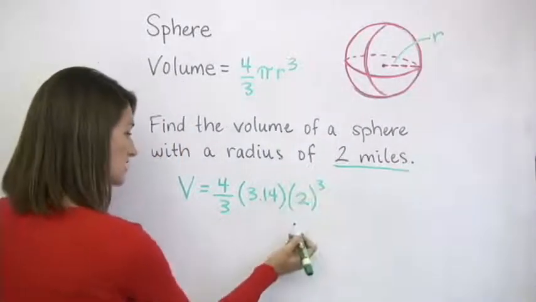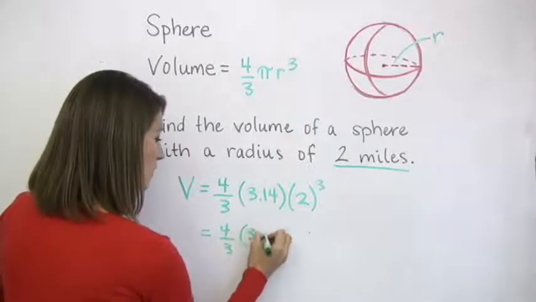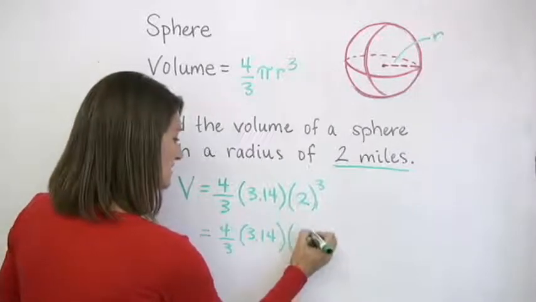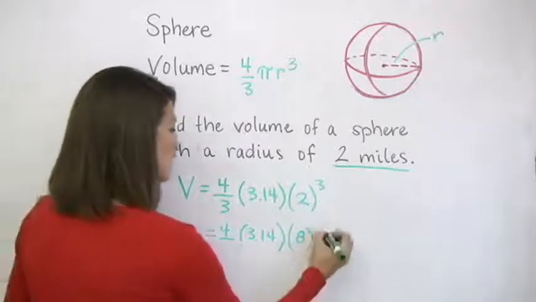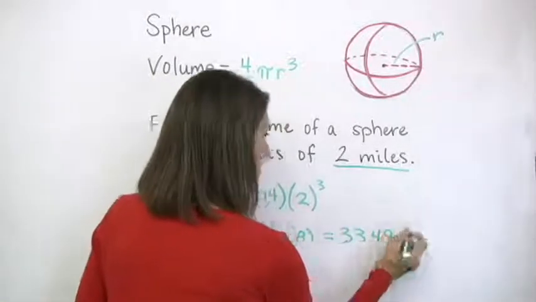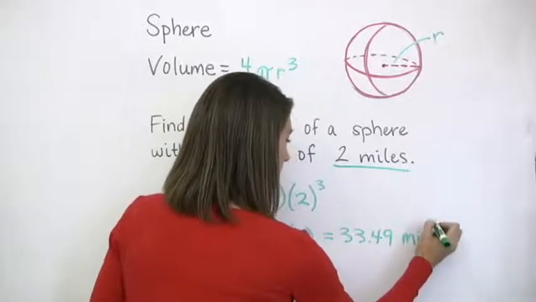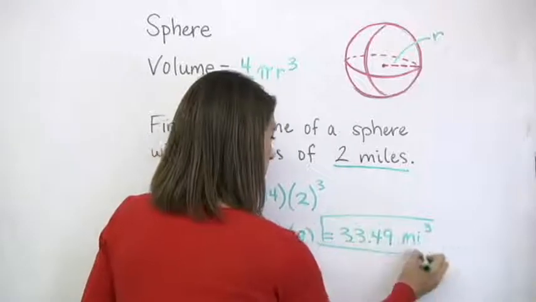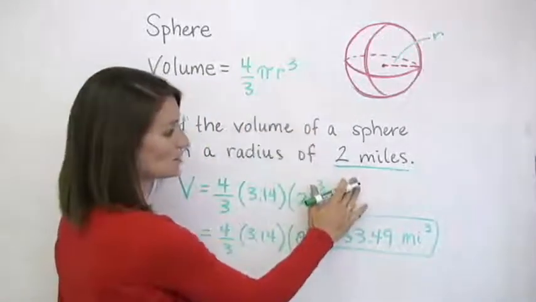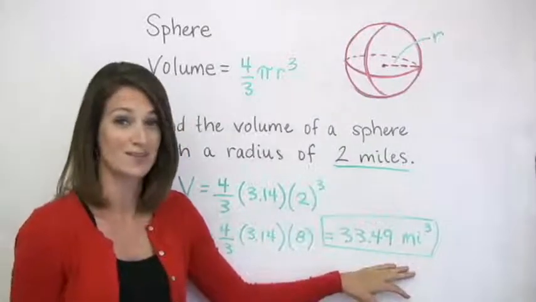Let's work with this exponent here. 4/3 times 3.14, 2 cubed gives us 8. Doing this math gives us an answer of 33.49. Our units are miles, and so our answer's units are miles cubed. So the volume of a sphere that has a radius of 2 miles is 33.49 cubic miles.